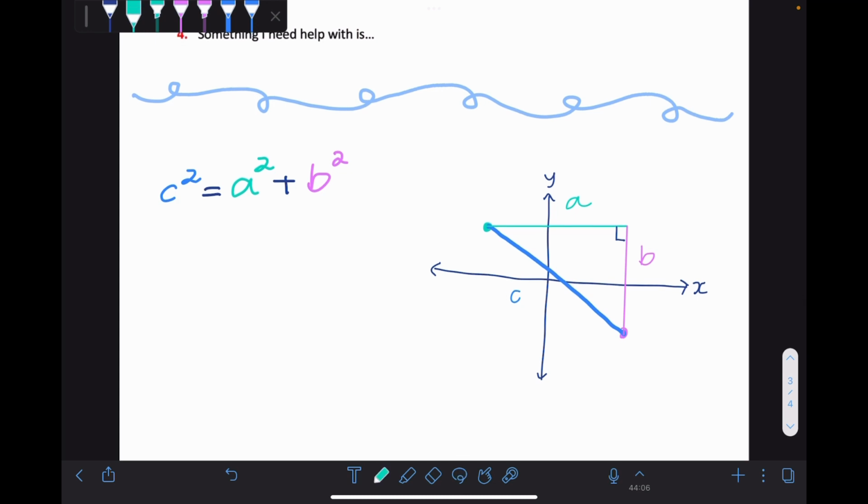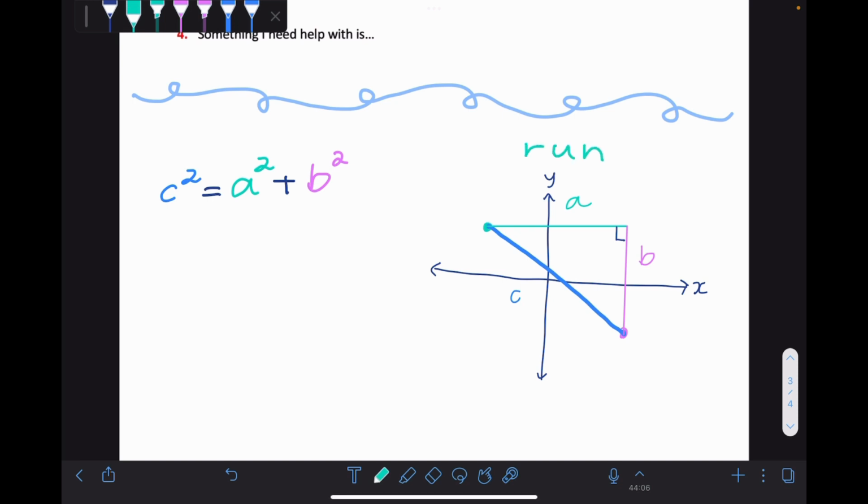So we've got A squared, and we actually know what A is. A is our run, isn't it? I can see that. It's how far I went from here to there. We just had a look at that. So this here is our run.